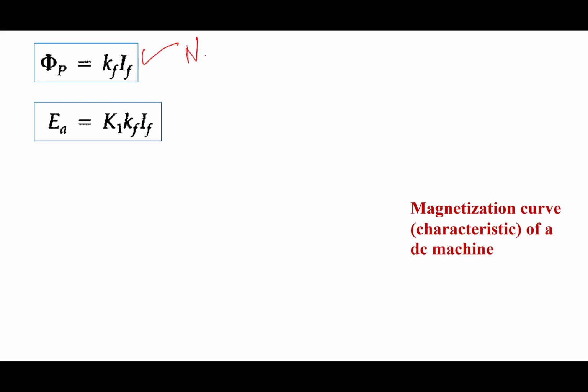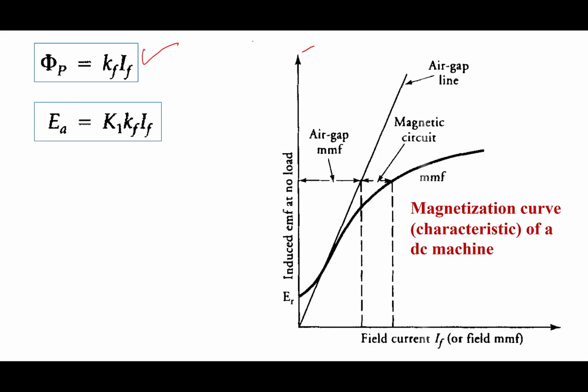We know MMF is magnetomotive force, which is NF If, right? And the production of flux in the field will depend upon the MMF. So I can write phi P is equal to Kf If, and hence I can write EA is equal to K1 Kf into If, right?